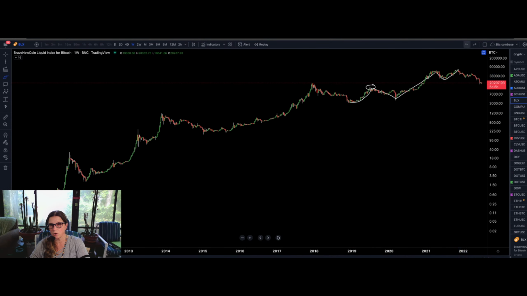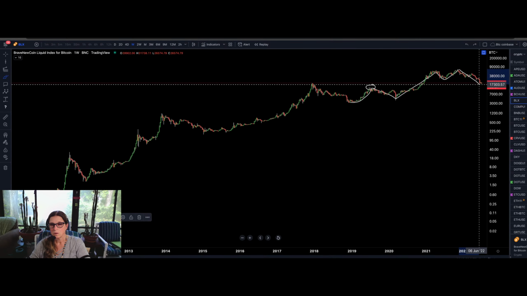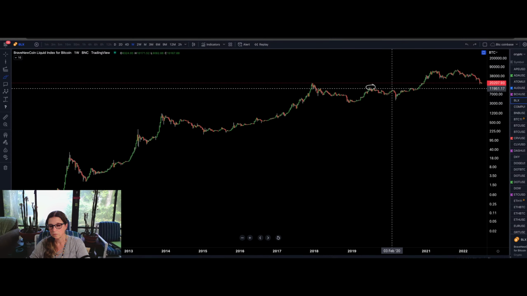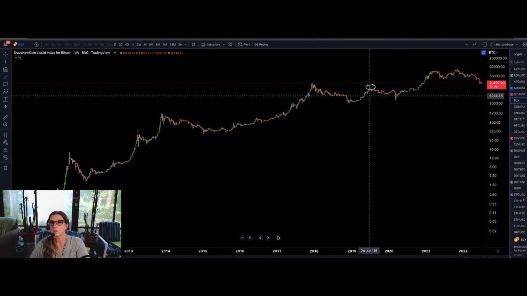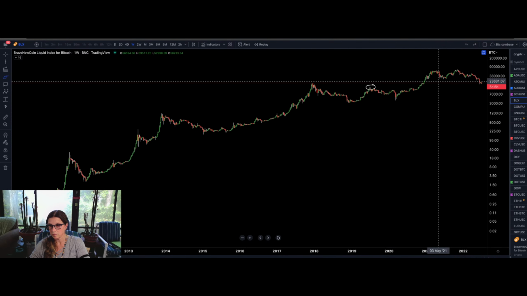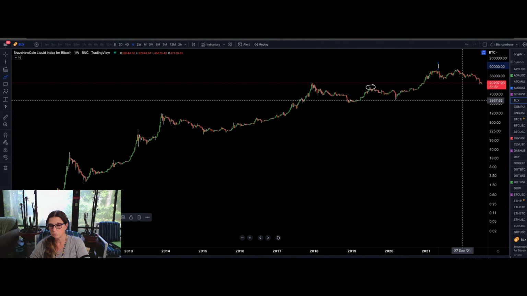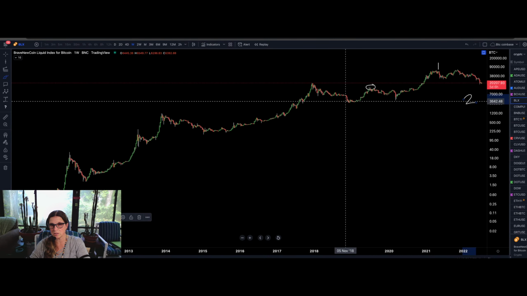Whether it's coming from over here or if it's coming from here. It will be a rule breaker if we come into the 1. If we come into the 1, then we're going to flip to this being a 1 and a 2. Okay? It will remain that way until we break this low.